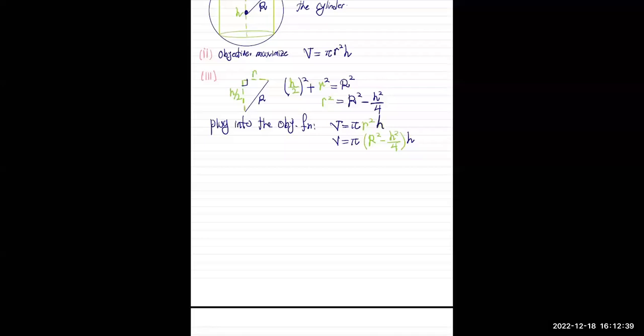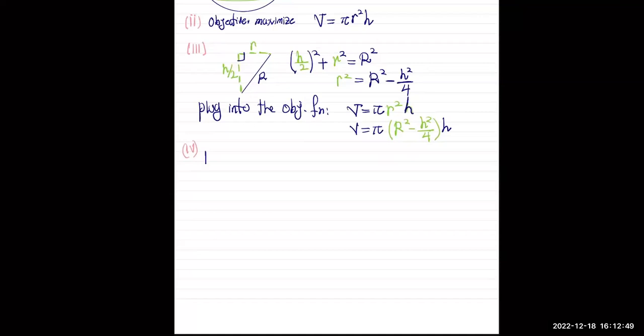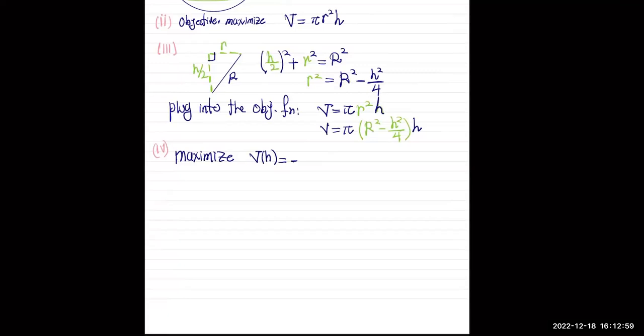Okay, so step 4. We want to maximize V, which is a function of H, and I'm going to write that as negative H cubed over 4.